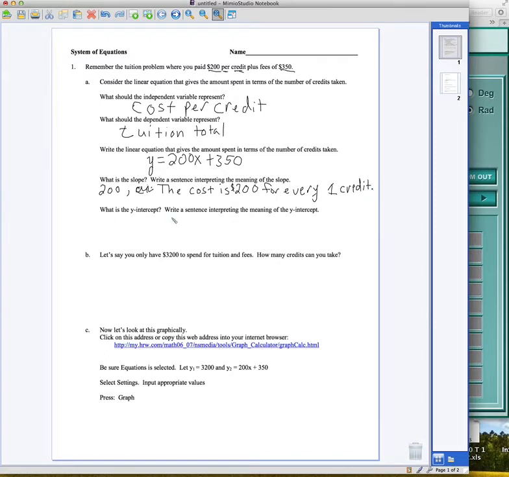The Y-intercept. Well, the Y-intercept is 350. And write a sentence interpreting the meaning of the Y-intercept. Well, it is the cost without any credits, or it's your fees. It's your fees.